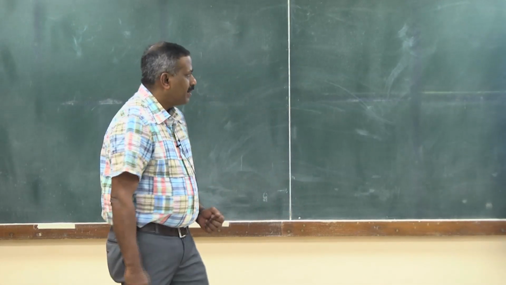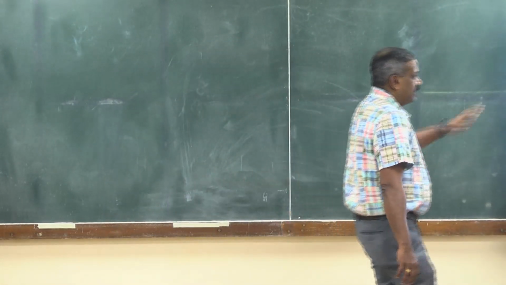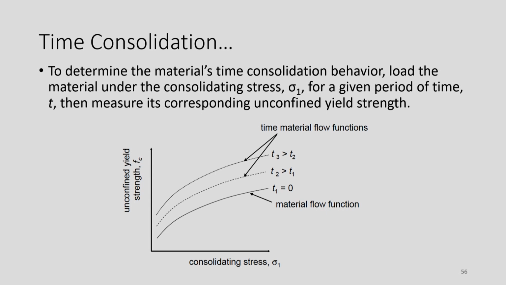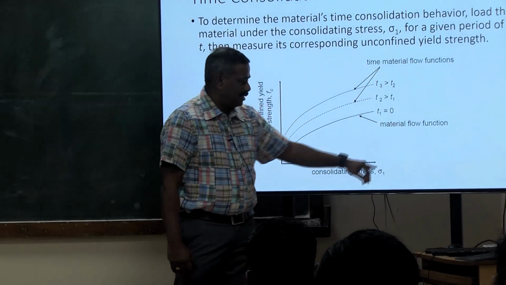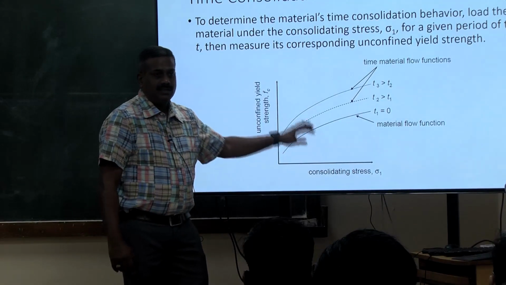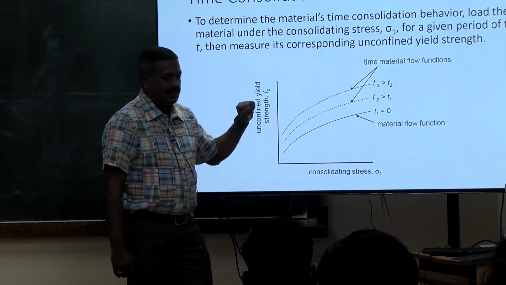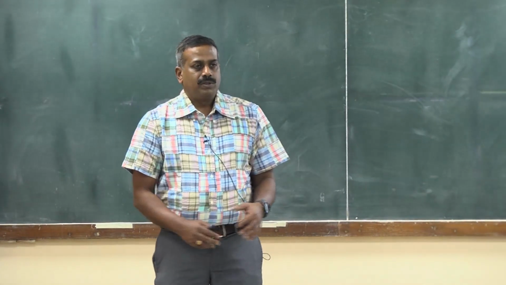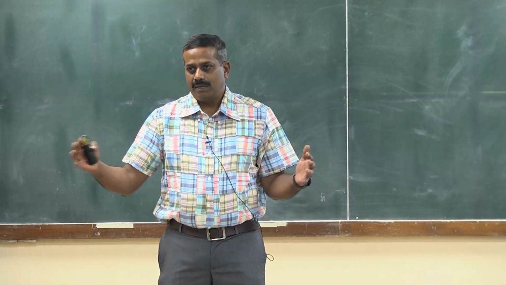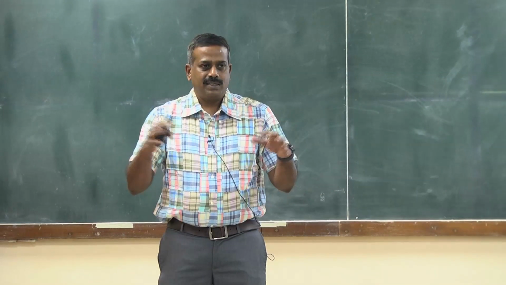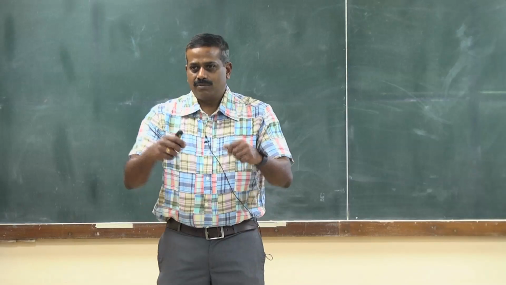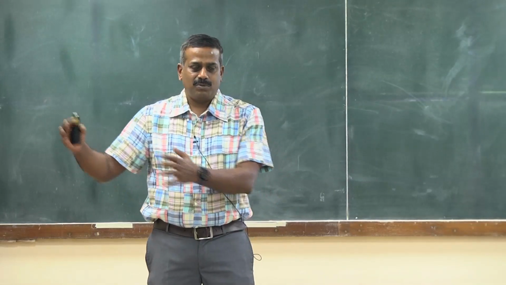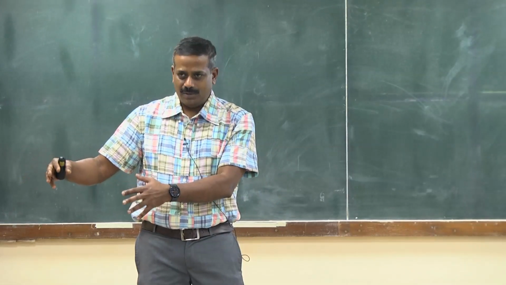The time consolidation effect we can also check by determining the material flow function. Again, the material flow function is the relationship between consolidating stress and the unconfined yield strength. In general, for shear cell testing, you take 3-4 batches of powder and put some dead weight over it. Put a 5 kilogram weight on one batch of sample, a 10 kilogram weight on another.